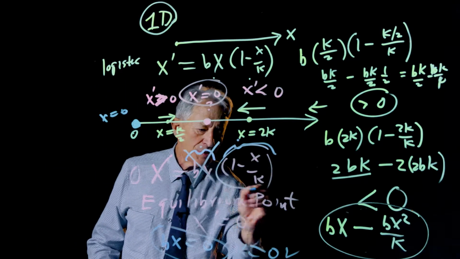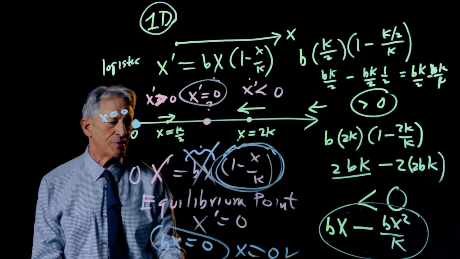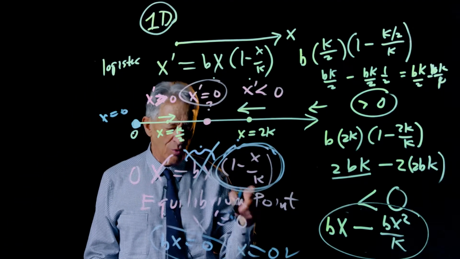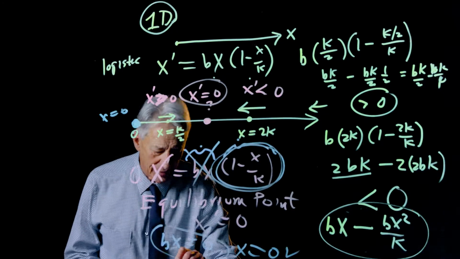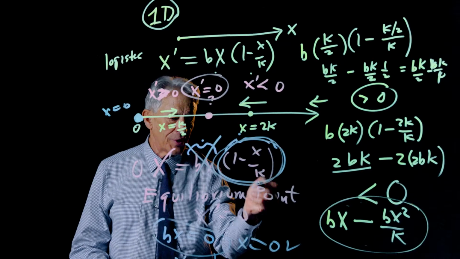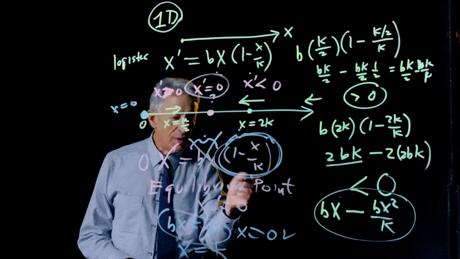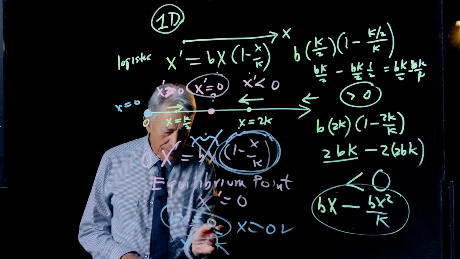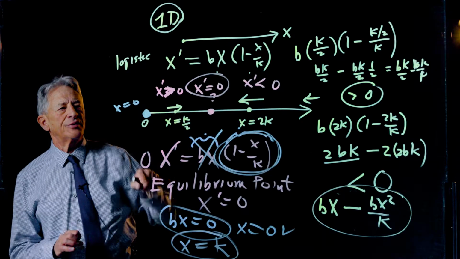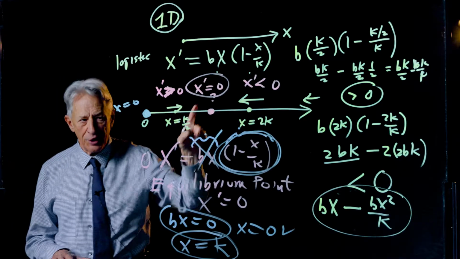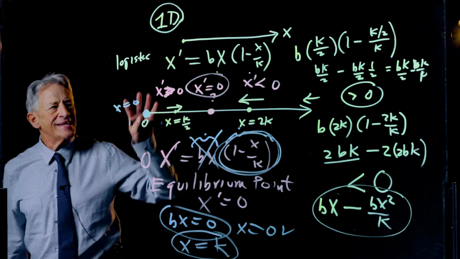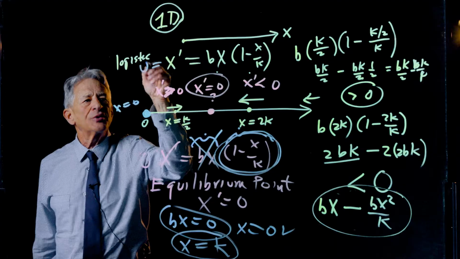And now we want to ask, when is this term equal to 0? Well, 1 minus x over k equals 0 exactly when x equals k. x equals k, this is 1 minus 1. That's 0. So x equals k is the second equilibrium point of this differential equation, which we found by simply setting the vector field equal to 0.